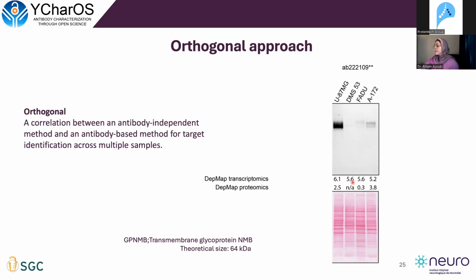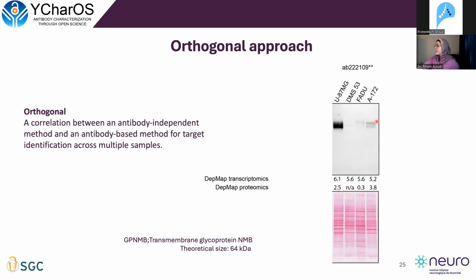This lack of correlation is also noticeable when comparing to shotgun proteomics, which DepMap also offers for a small subset of cancer cell lines. And you can notice that the U87 cell line shows an intense signal for GPNMB with a proteomics value of 2.5.